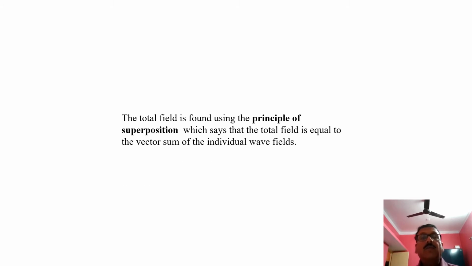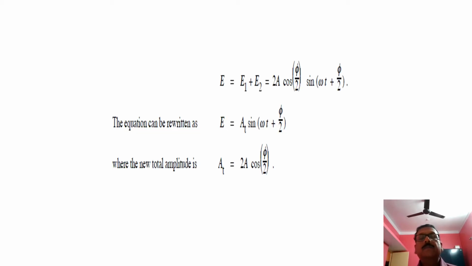Here the total field is found by using the principle of superposition, which says that the total field is equal to the vector sum of the individual wave fields. After combining these two equations, we get E is equal to E1 plus E2, which is equal to 2A cos(phi by 2) into sin(omega t plus phi by 2). This equation can be rewritten as E is equal to AT sin(omega t plus phi by 2).